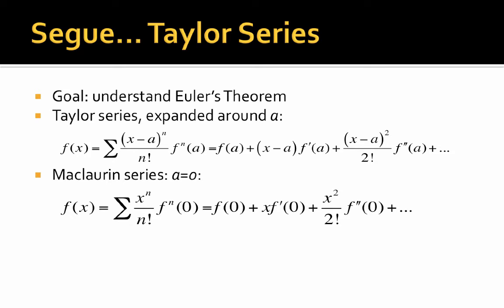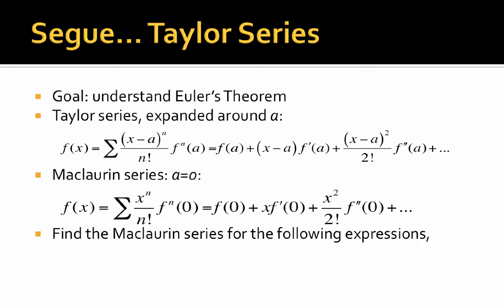Now, to get to Euler's theorem, what we do is we write the Maclaurin series for each of the following expressions: cosine theta, sine theta, and e to the i theta. Write all those out with as many terms as you want, and then compare them.